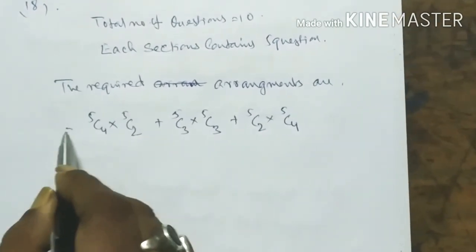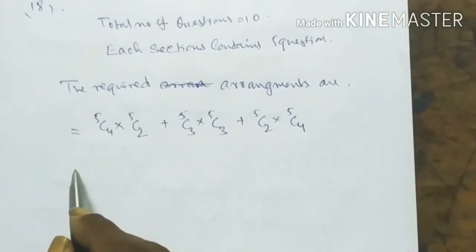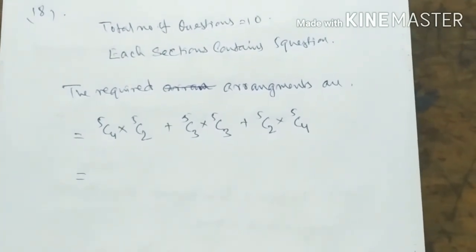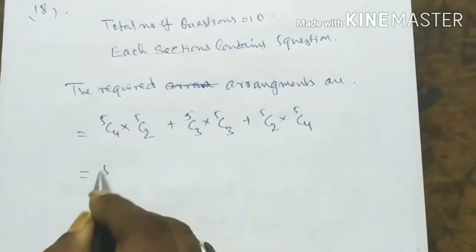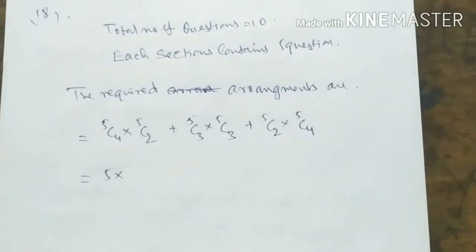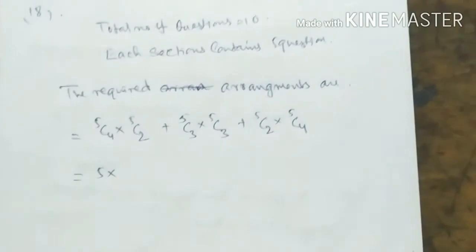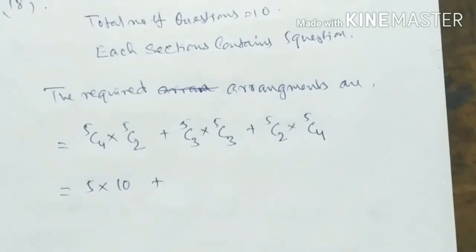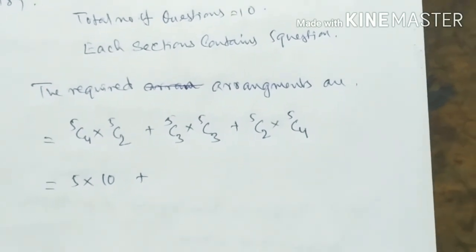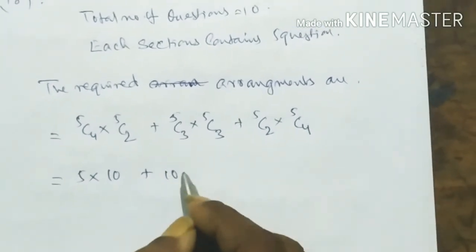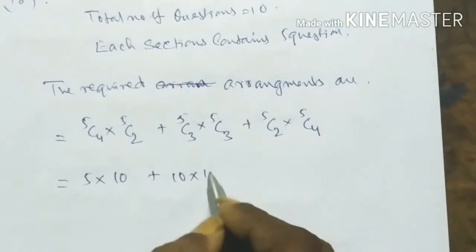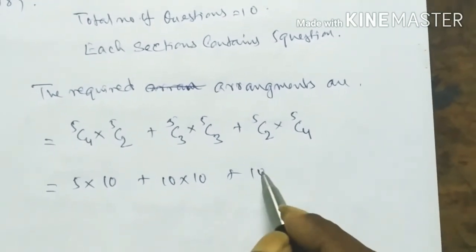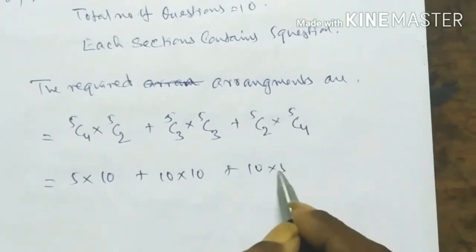So this is the required arrangement, and it comes out to be 5C4 into 5C2, this is 5 into 10. Again 5C3 into 5C3 comes out to be 10 into 10, and 5C2 into 5C4 is 10 into 5.